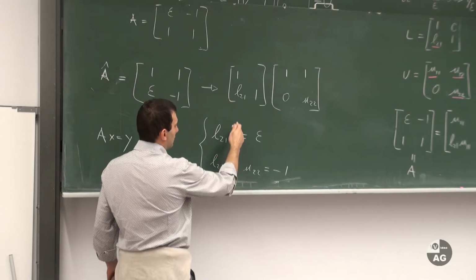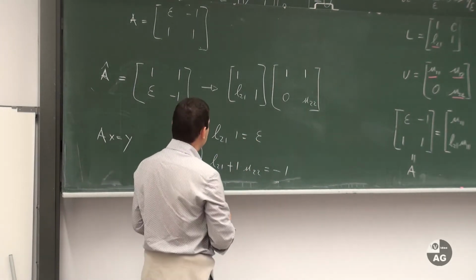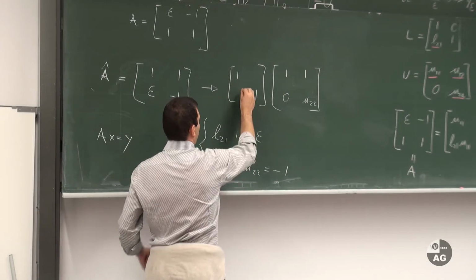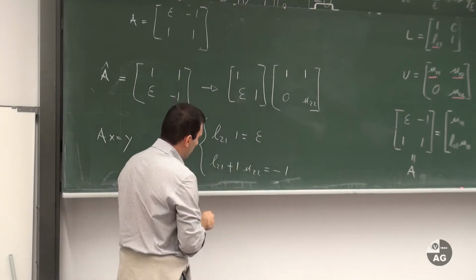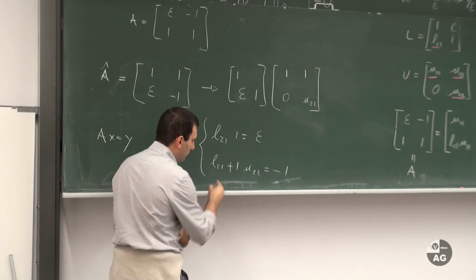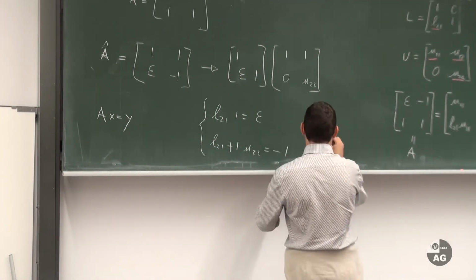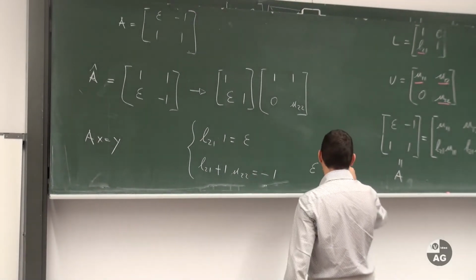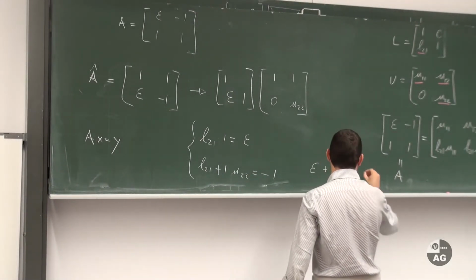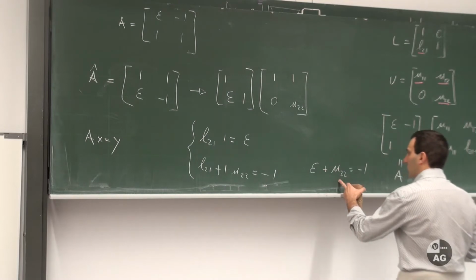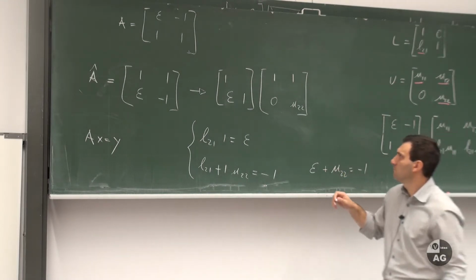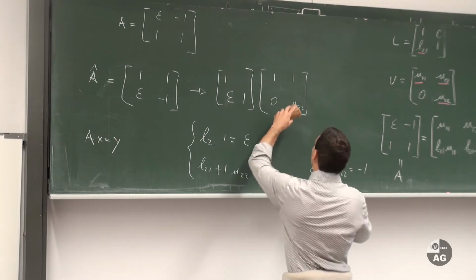So from these I know that L21 becomes epsilon. So this is an epsilon plus U22 equals minus 1. So U22 equals minus 1 minus epsilon, I hope.